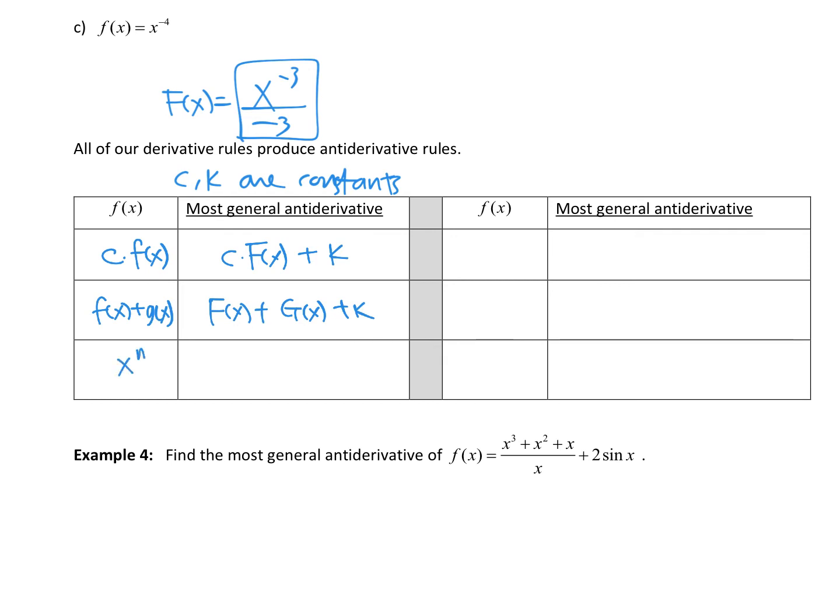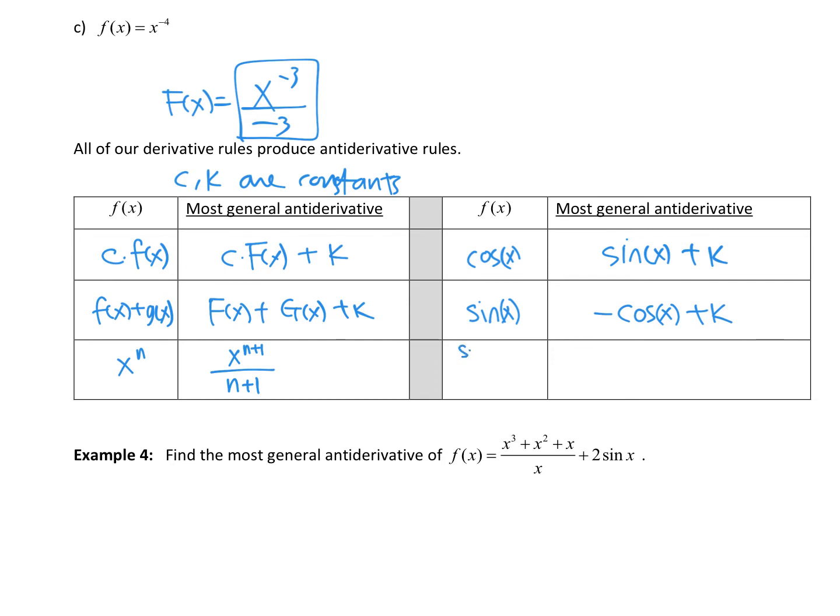For x to the n power, this is probably the most useful: you increase the power by 1 and then you divide by that. For the trig functions, for cosine x, it's sine x plus k. For sine x, how do I get sine x as a derivative? Negative cosine x.